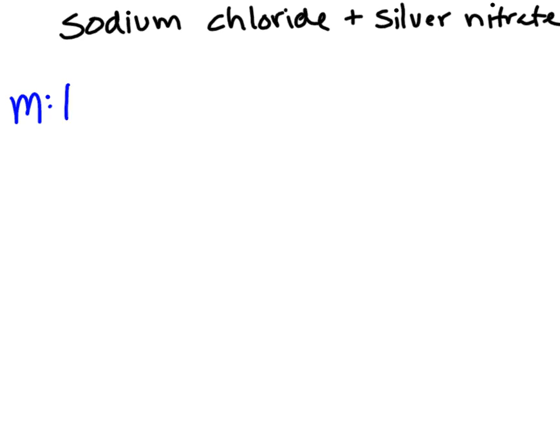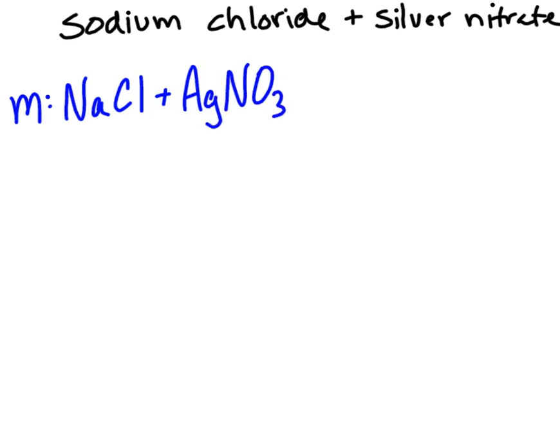So I start with sodium chloride plus silver nitrate, and you can use your tables to figure out your equations for right now. This is a precipitation reaction, so I'm going to flip the metals in this case, because I'll have silver chloride and I'll have sodium nitrate.